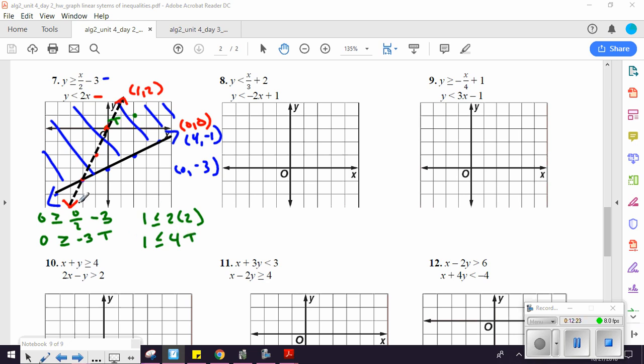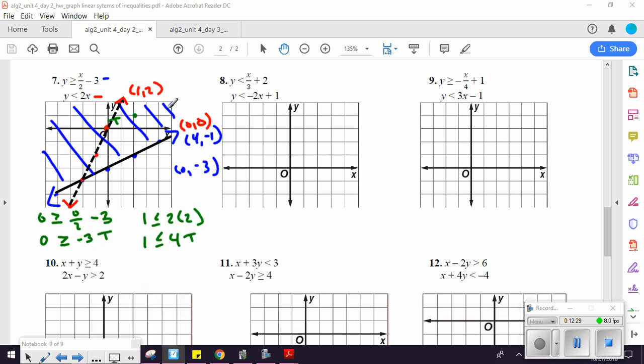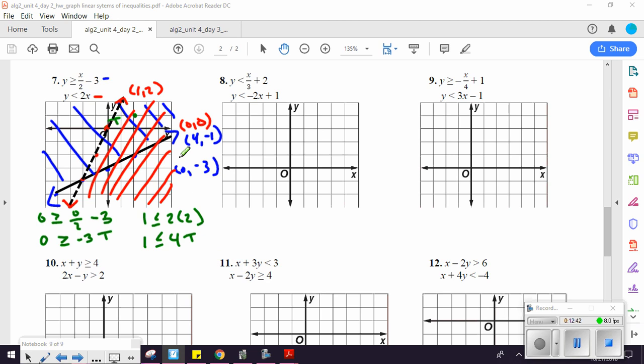So I would shade below the red line. So the solution to this inequality is right in here.